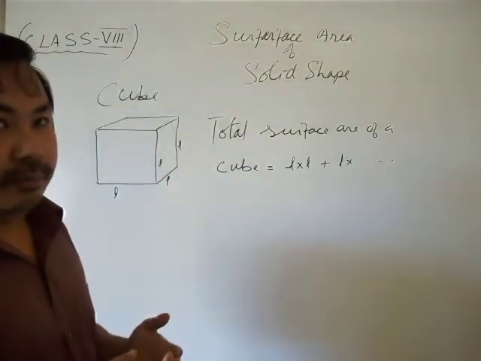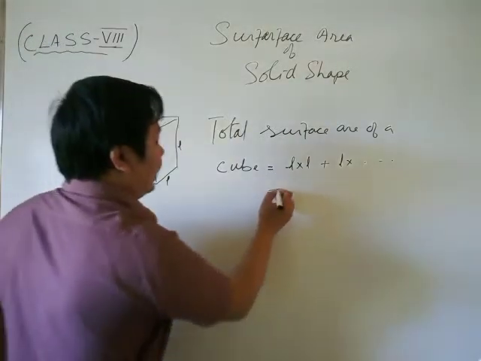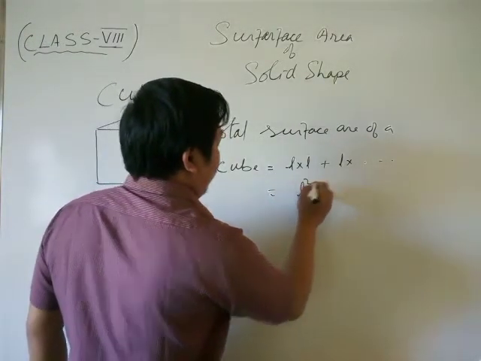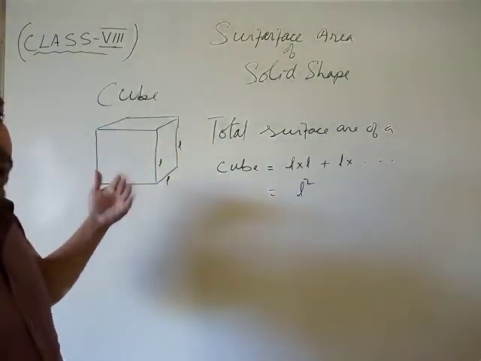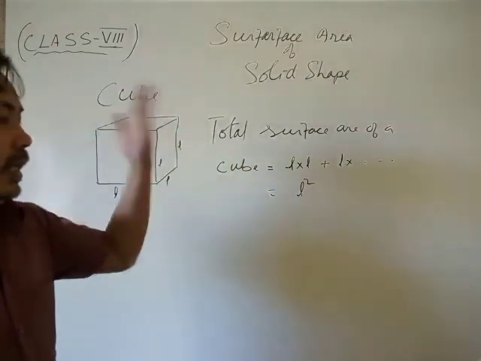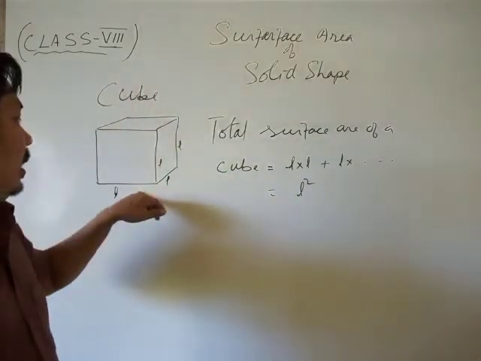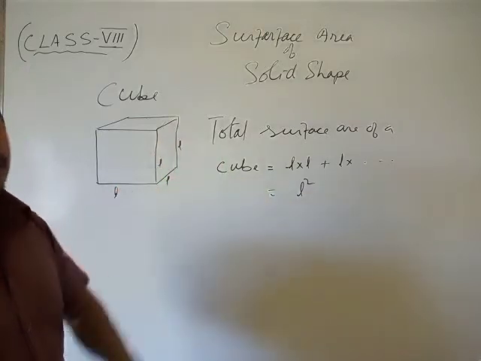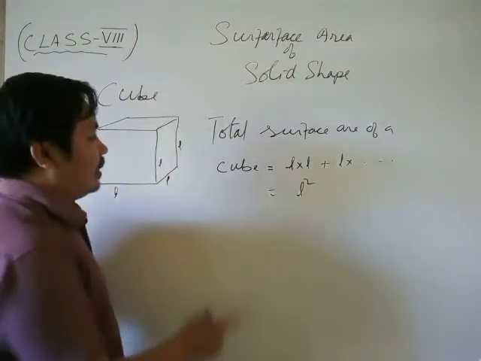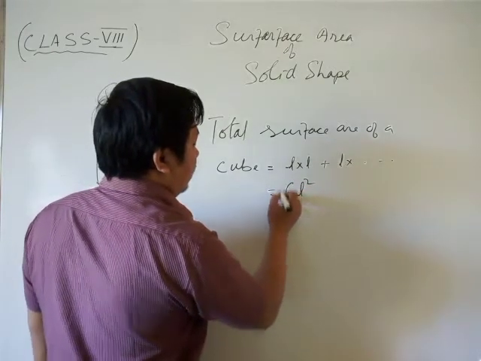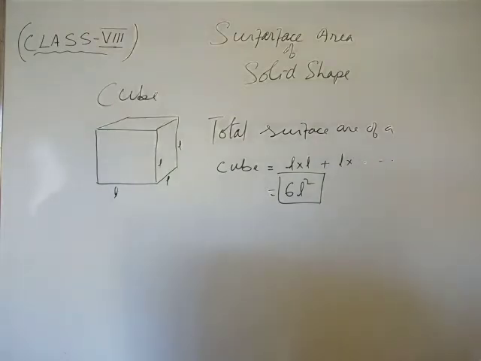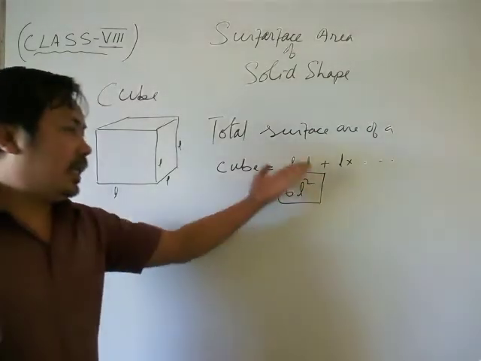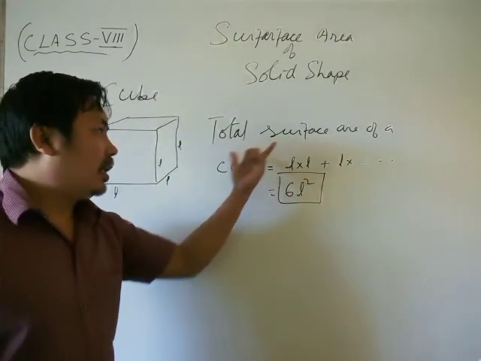The area of a square is side square, so each face is L square. How many are there? 6, so you multiply with 6. So 6L square is the total surface area of the cube. Don't forget. Clear? The lateral surface area is 4L square.